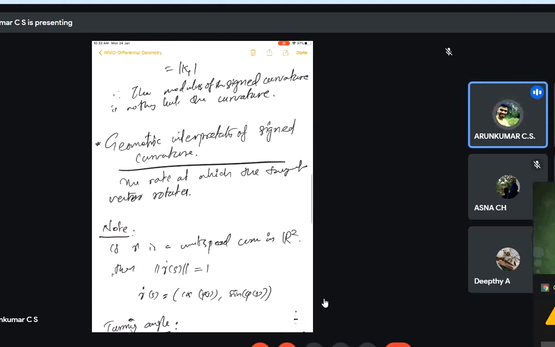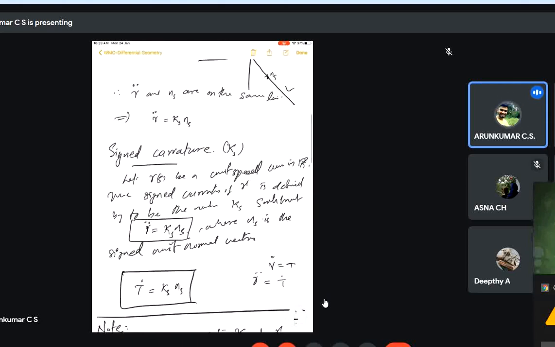Here is my definition of this. You see, signed curvature is defined by gamma double dot equal to Ks into Ns. So if I calculate the signed curvature at the point s, we should apply the derivative at each step. So gamma double dot s is equal to Ks of s into Ns of s.